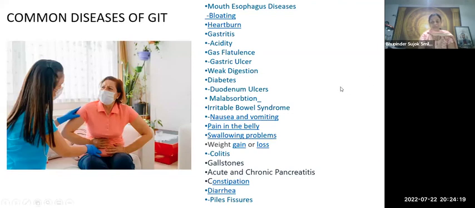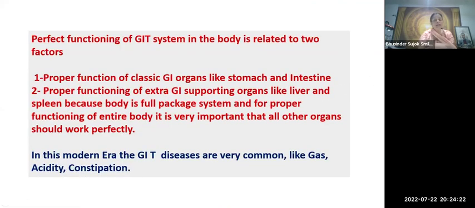So we should know that the perfect functioning of the GIT system in the body is related to two factors: proper function of classic GI organs like the stomach and intestine, and proper function of extra GI supporting organs like the liver and spleen. Because you see, the body is a full package system, and for proper functioning of the entire body, it is very important that all other organs work perfectly.